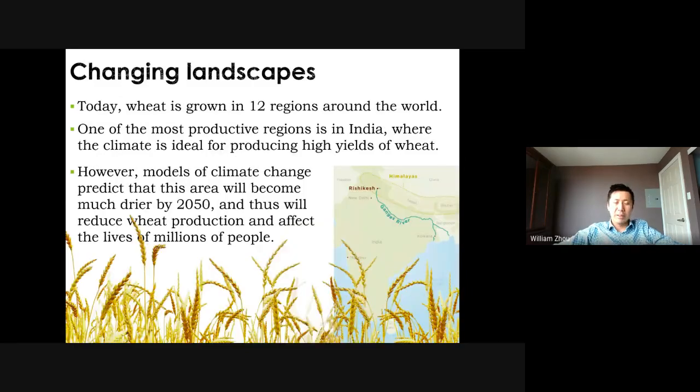So here's an example of what I'm talking about. Wheat is quite important for humans. That's how we derive flour. Now, India is one of the largest producers of wheat in the world. Problem: that area that produces wheat in India, climate change is going to hit. By 2050, it's going to be a lot drier. And that will decrease wheat production.